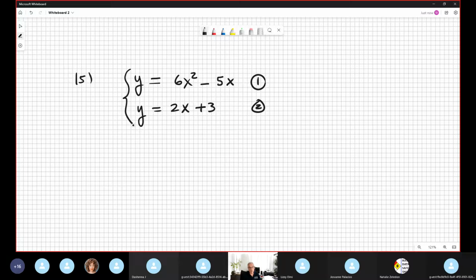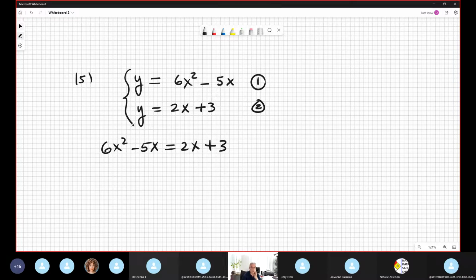Super easy because both y are completely isolated and you set them equal to each other. Now you copy: 6x squared minus 5x equals 2x plus 3. Now we have one equation that contains only one variable, only one unknown, x.